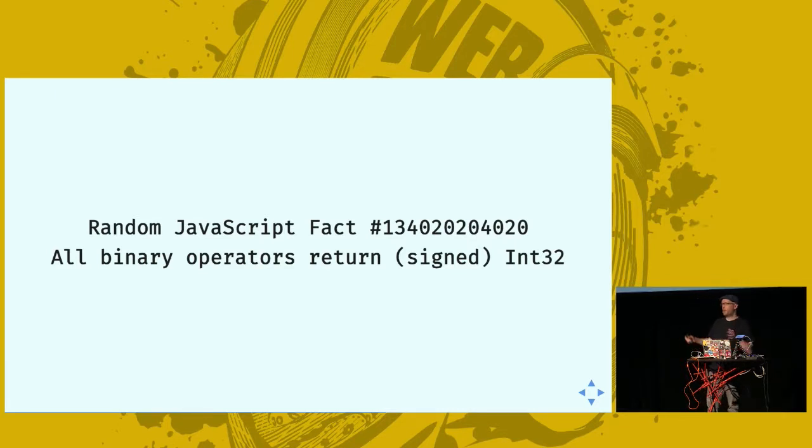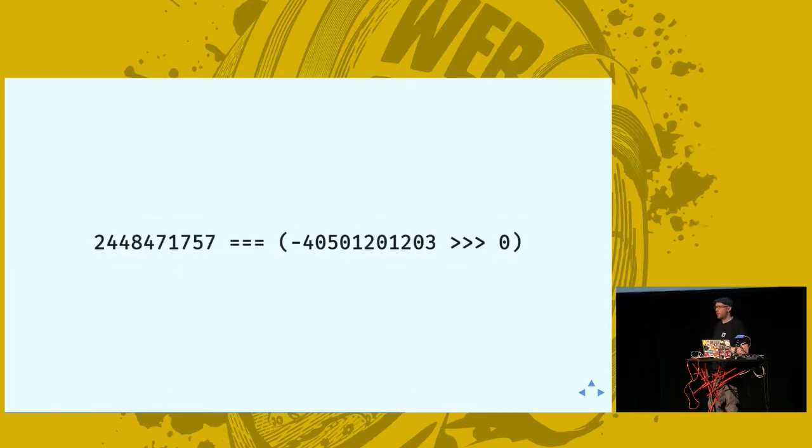And as soon as you come to the place where the last bit is set, you will end up with negative numbers. Of course, this is not true, because there's the unsigned shift-right operator. And you can use it to convert a signed value into an unsigned value by shifting by 0 positions.